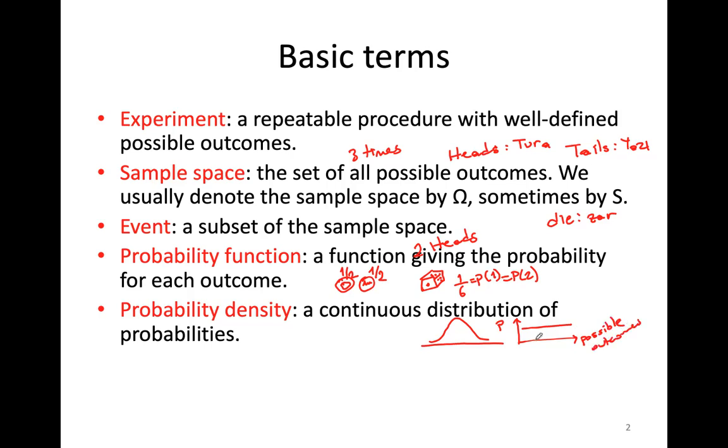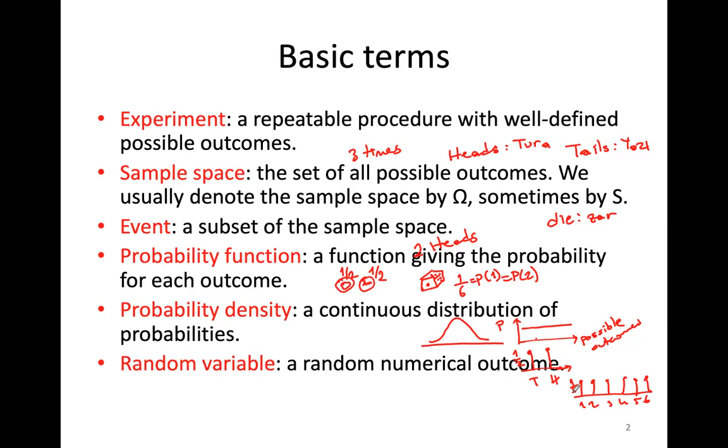For example, for a regular coin, tails and heads each have probability 1 over 2. For rolling a die, we will have 6 possible outcomes, 1, 2, 3, 4, 5, and 6, and the probability of each of them is 1 over 6. So this will give me the probability density.